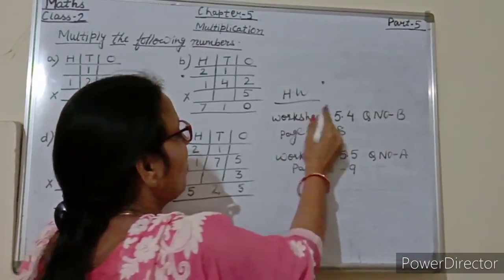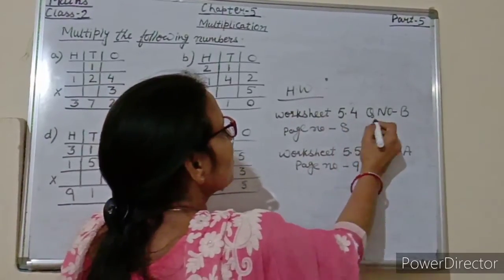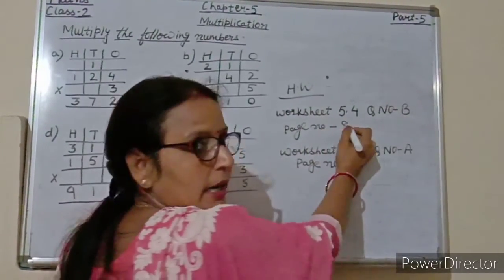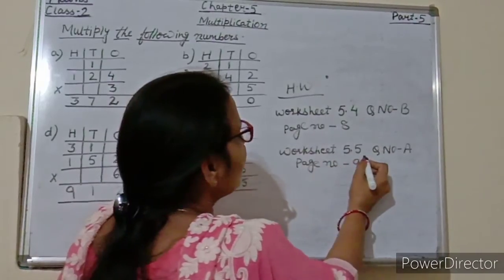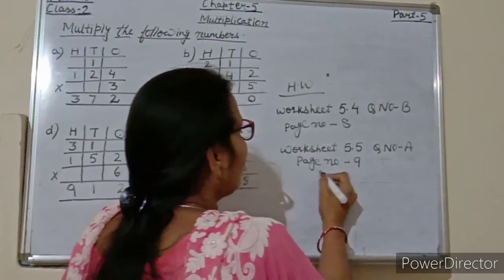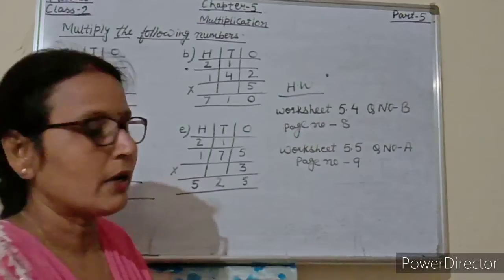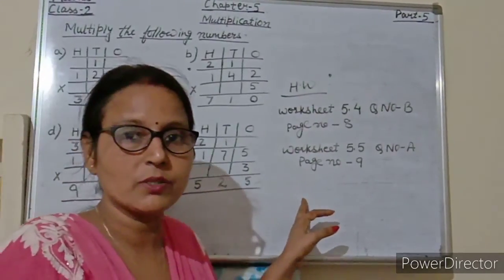Homework: worksheet 5.4, question number B, page number 8. Worksheet 5.5, question number 8, page number 9. So students, you have to do the homework in your application book B.